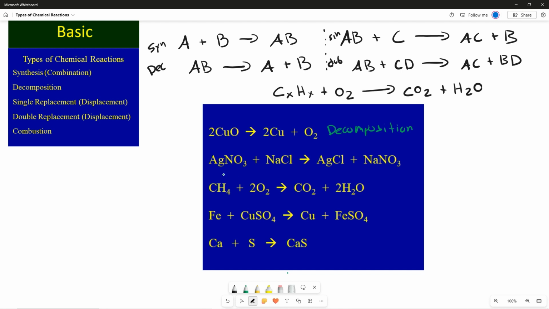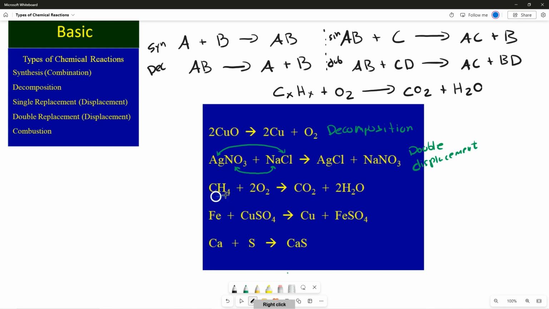You have AgNO3 and you have NaCl, and then it goes to AgCl and NaNO3. Well, really what's going on is the Ag and the Cl are switching partners, and the NO3 and Na are switching partners. So this is a double replacement or double displacement.